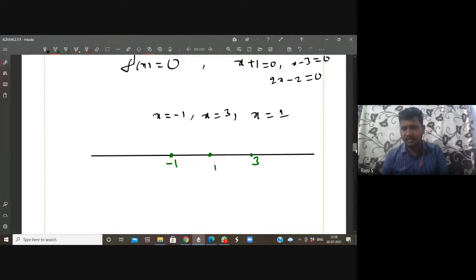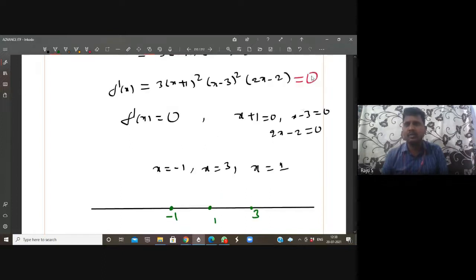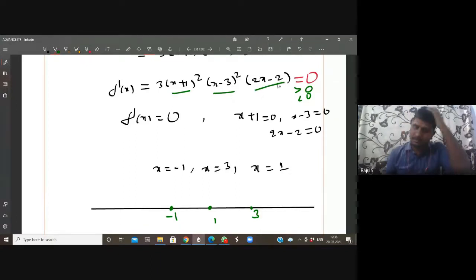We need to check when f dash of x is greater than 0 and when it is lesser than 0. X plus 1 the whole square is always positive, and x minus 3 the whole square is also always positive, but the sign depends on 2x minus 2 alone, either greater or lesser than 0.